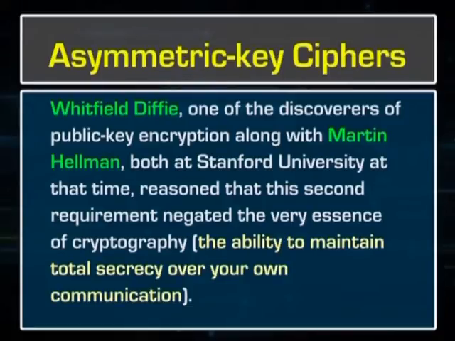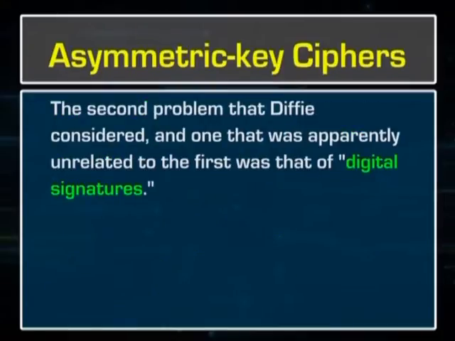Whitfield Diffie, one of the discoverers of public key encryption, along with Martin Hellman, both at Stanford University at that time, reasoned that this second requirement negated the very essence of cryptography, that is, the ability to maintain total secrecy over your own communication. The second problem that Diffie considered, and one that was apparently unrelated to the first, was that of digital signature.